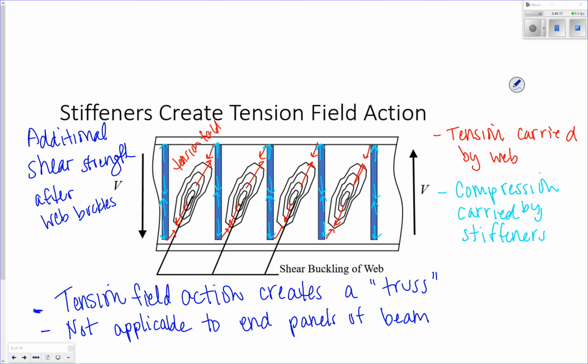Or if the support isn't providing enough, it doesn't become a compression member.